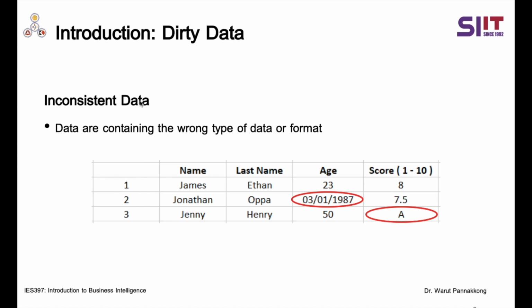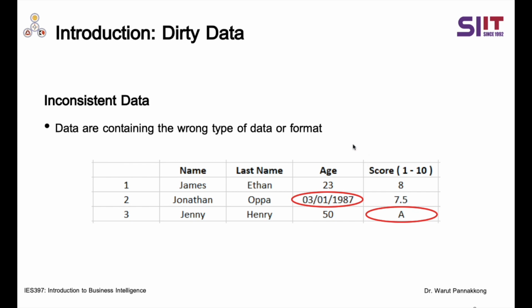Next is inconsistent data. Inconsistent data are data that contain the wrong type of data or format. For example, this one is the age. Age is the number of years after your birthday. But for Jonathan, it looks like what's recorded is actually the birth date. So this is inconsistent.